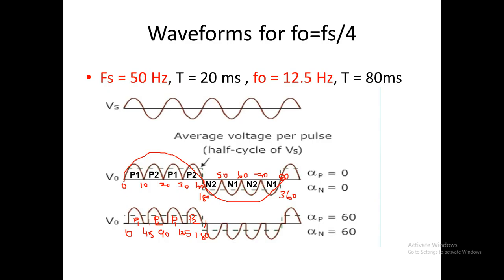Then 180 plus 45 is 225, 225 plus 45 will be 270. So 270 plus 45 will be 315. So 315 to 360. So here it will be N2, N1, again N2, N1.